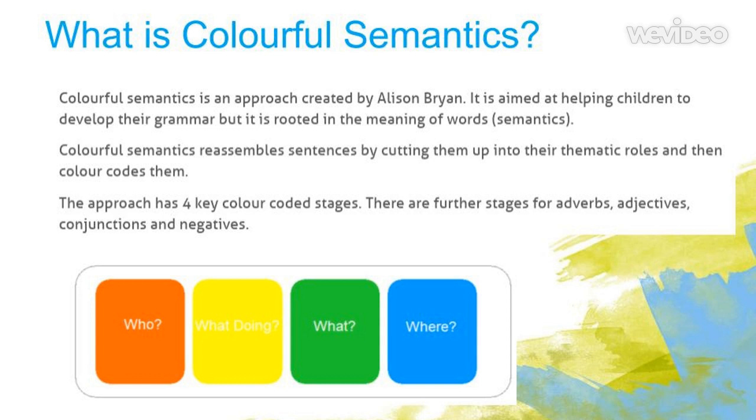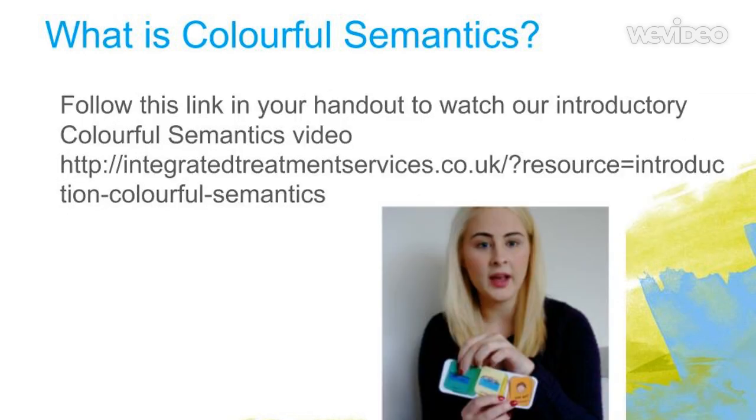So using colourful semantics can help you to develop sentence structure, and help children to sometimes slow down a little bit in their speech without you needing to say slow down, because that's often not helpful. It gives them a structure for how to pronounce alongside the keywords in the sentence. It also enables them to get messages across and to show that their language can develop further, despite having speech sound difficulties.